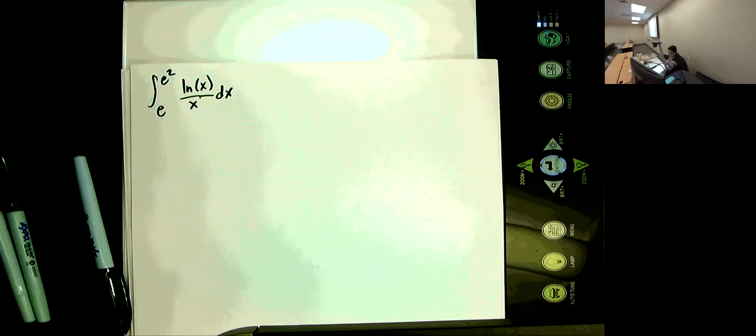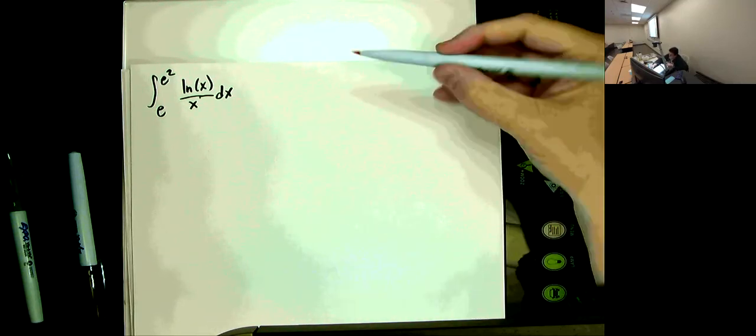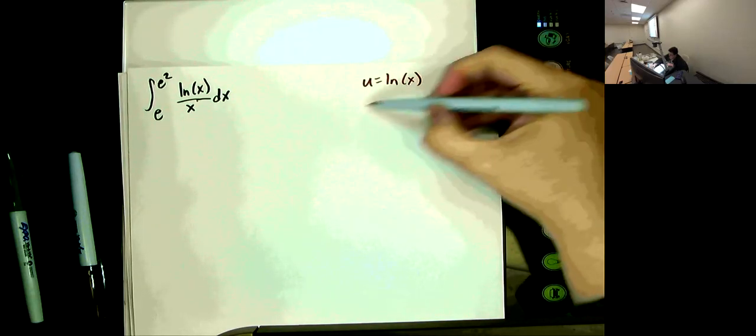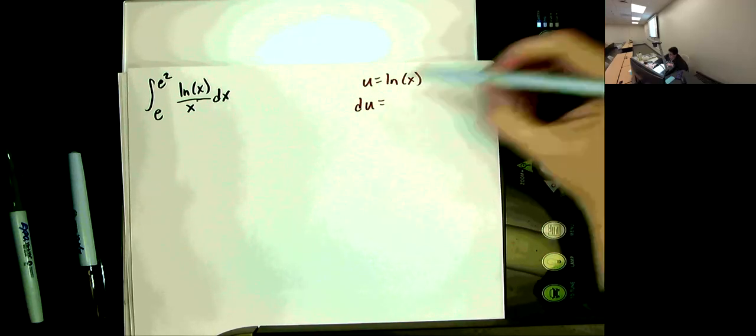Let's make sure everyone's on the same page. What should the u be? Anyone get a working u here? Let's take a look. If u equals the natural log of x, what's the derivative of natural log of x? 1 over x, yeah.